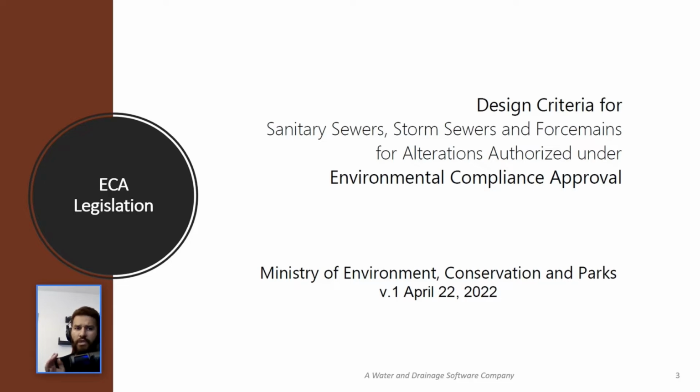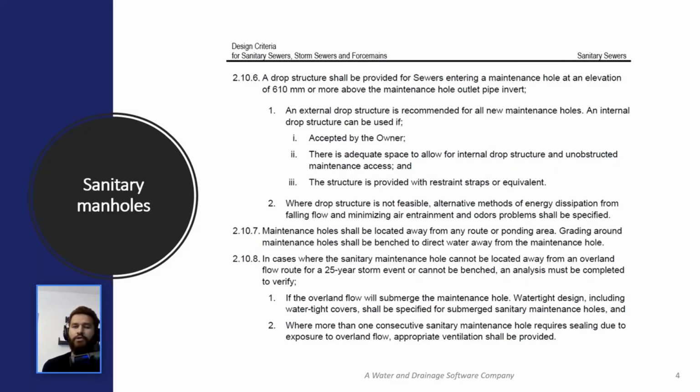However, I just took a screenshot of one part of it that I wanted to talk about, which is related to our topic today, and that is the design criteria for sanitary sewers.